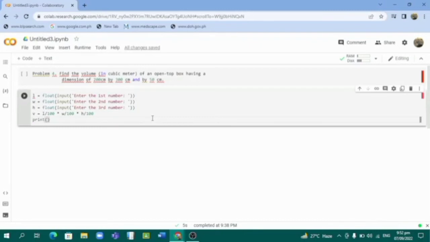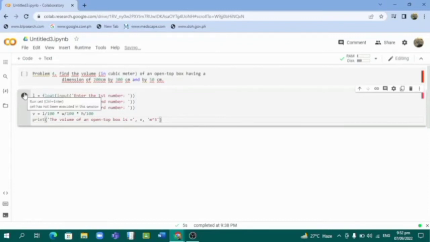Print, close open parenthesis, quotation mark, we're gonna put inside the volume of the open top box is, equal sign, comma, and then space, volume, comma again, and then quotation mark, and we're gonna put inside the unit, which is cubic meter.